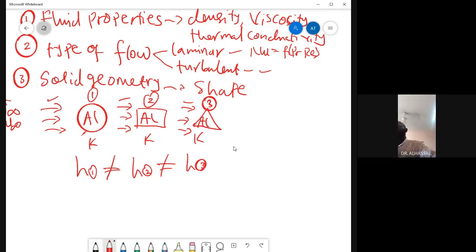But for thermal conductivity, if they are all aluminum, the value for K is going to be the same: K1, K2, K3. There is no change because they are the same material. But the heat transfer coefficient is going to have a different value in this situation. Quickly, let us move on to the next question.